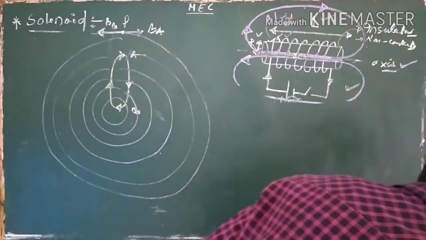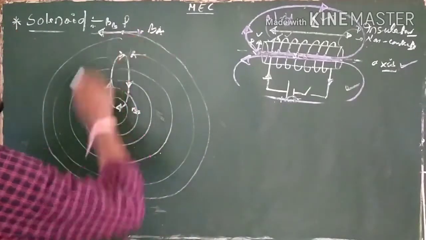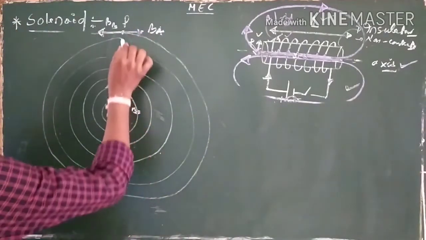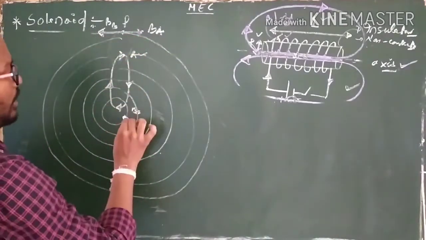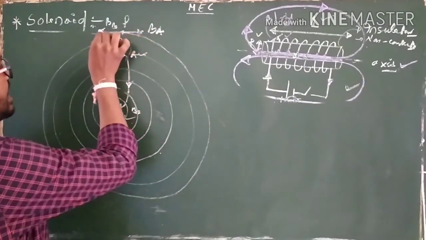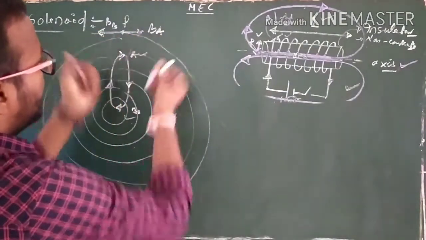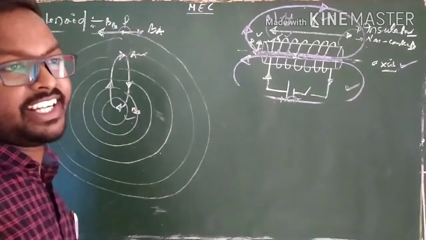Clear? Okay. Look at the point P. At point P, there are two magnetic fields. This is the direction of magnetic field due to point A, and this is the direction of magnetic field due to point B. These two magnetic fields are opposite to each other, and the angle between them is 180 degrees.